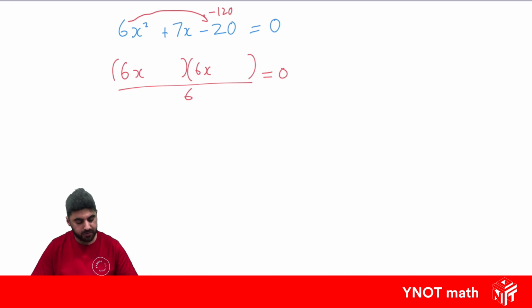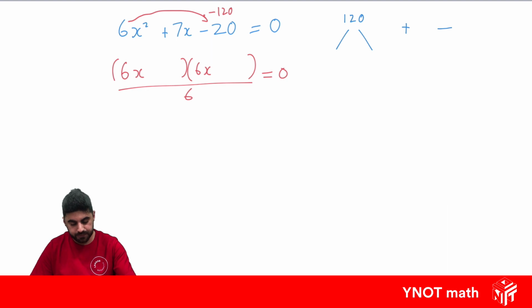Now we need to look for two numbers that multiply to negative 120 and add up to 7. Because this is big, let's look at a way that can help us. We're looking at factors of 120. I like making this little diagram, and you can pick any two factors you want.